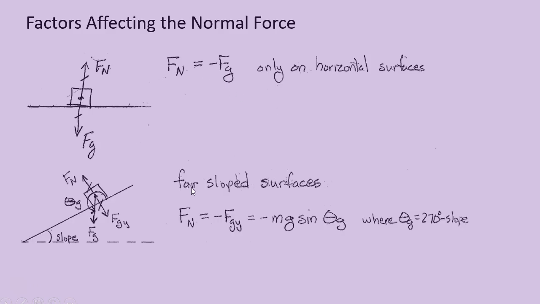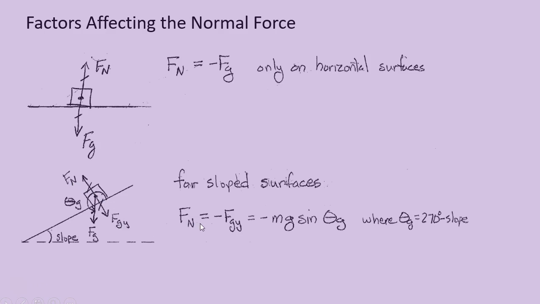For instance, if we have a sloped surface, here the box is resting on a sloped surface, gravity is going straight down towards the center of the earth, and the normal force is perpendicular to the sloped surface. So they are not exactly opposite of each other, and what we have is the normal force is equal to the y component of the gravity force.